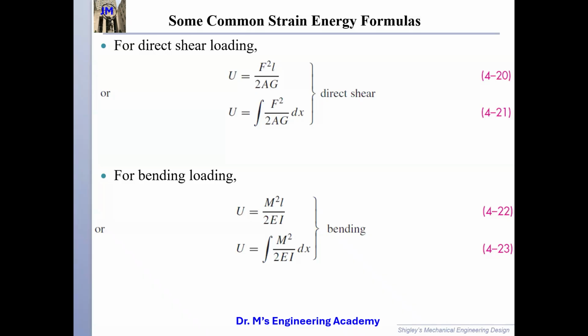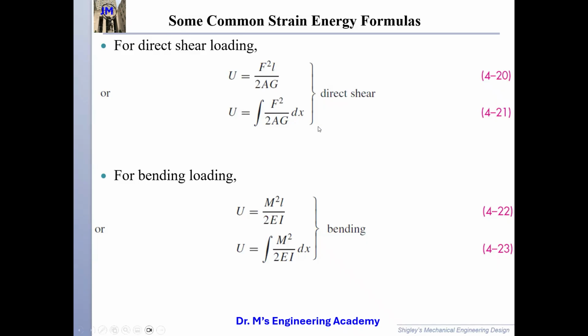Question: what's the difference between transverse shear and normal shear? Transverse shear is when you apply a concentrated force. This generates the bending moment, and at the same time, at the point where you apply the load, along that cross-sectional area, you will have transverse shear.